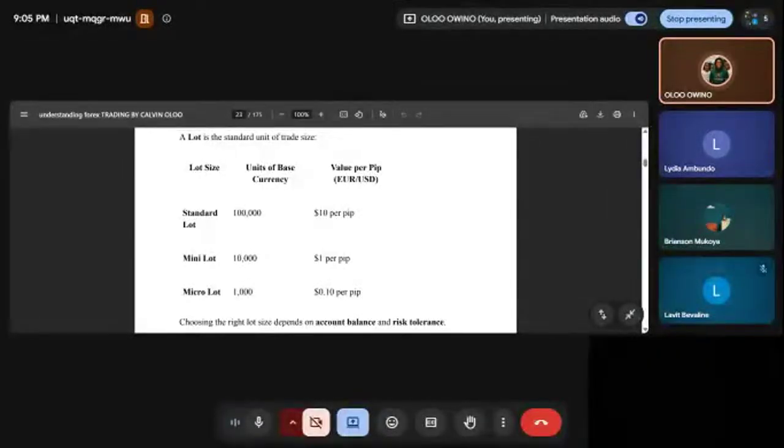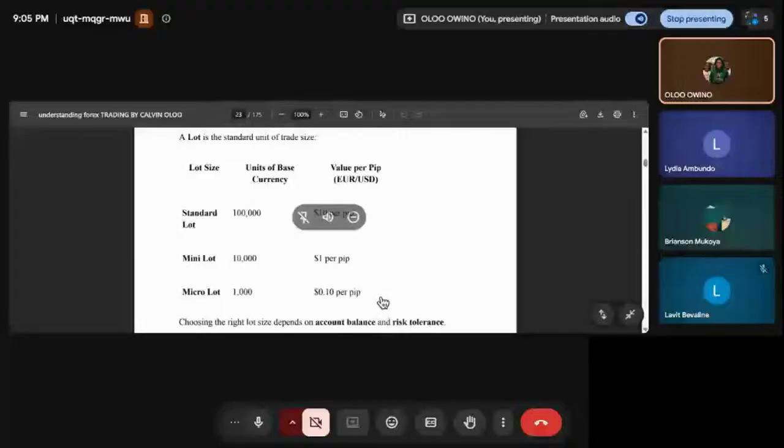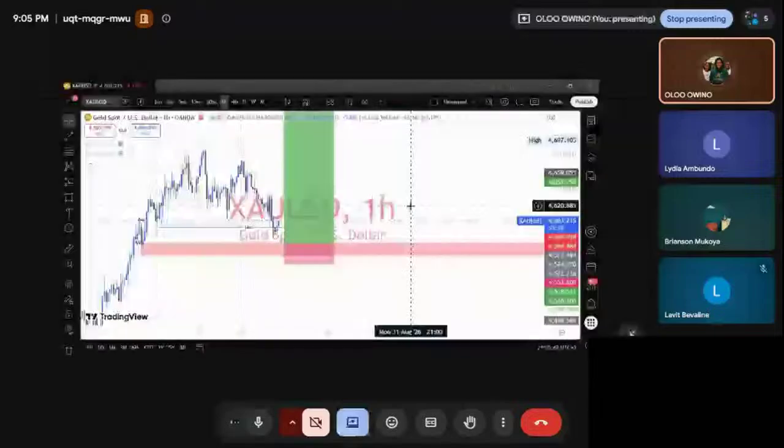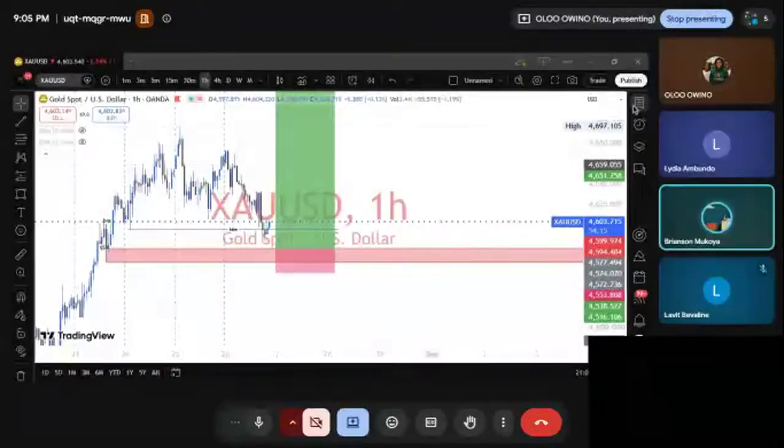Okay, let me use an example. Let me use a live market to show you how it looks.